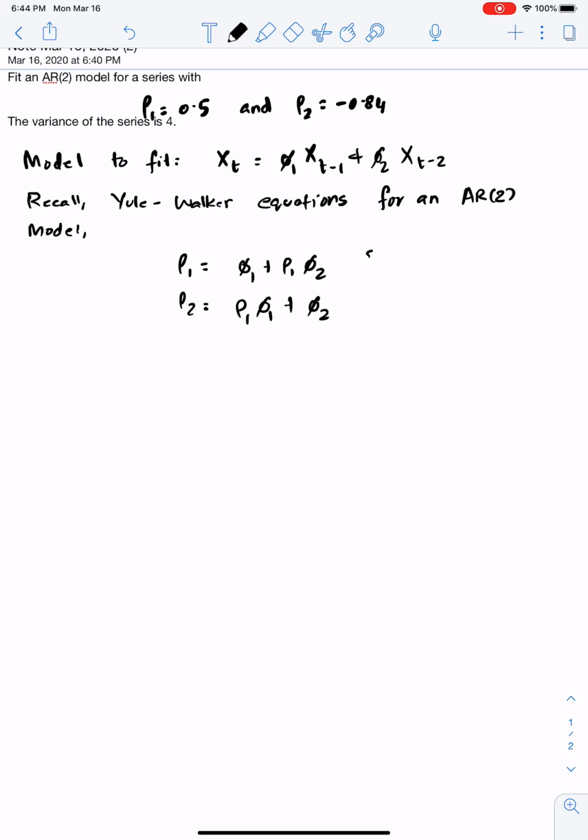So we all know that this is a system of linear equations, and we could solve it by substitution, but putting it in a matrix form and solving it using matrices would be beneficial in terms of efficiency. So we have the left hand side as 0.5 equals phi1 plus 0.5 phi2.